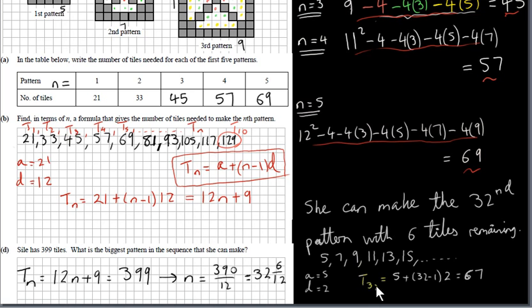To get the 32nd pattern, we use the formula a plus n minus 1 times d. We're just getting the 32nd term of this sequence, if you want to get the length of the side of the 32nd pattern.